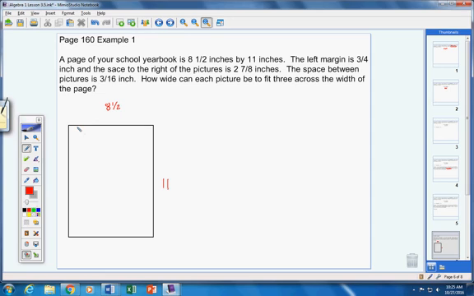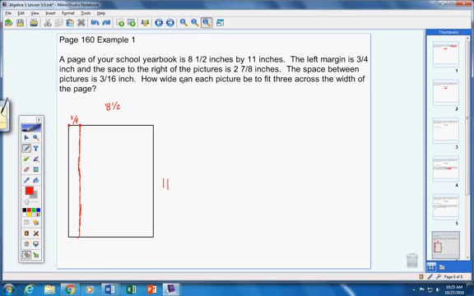Now I'm just going to start writing things on here so we have room, okay? So I'll put a little mark from here to here is 3/4 of an inch. Okay, that's your margin. That means nothing goes past this line on your yearbook page, okay?